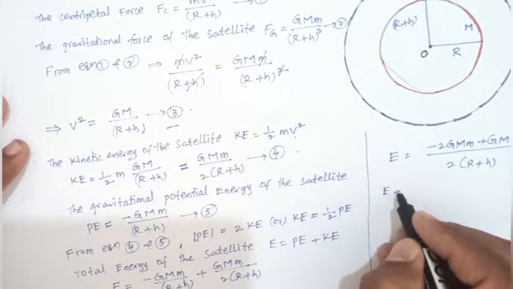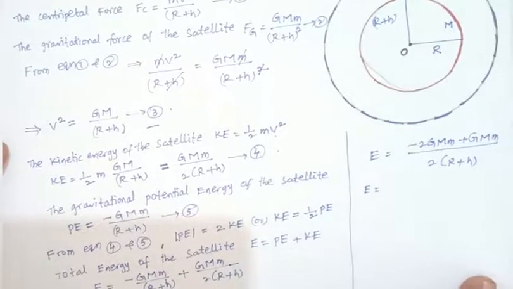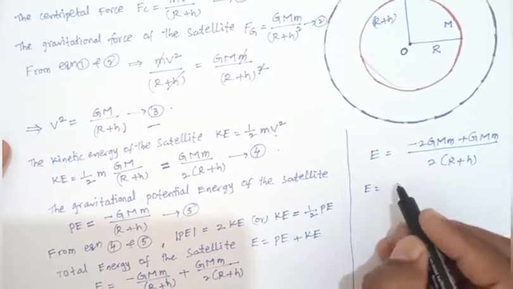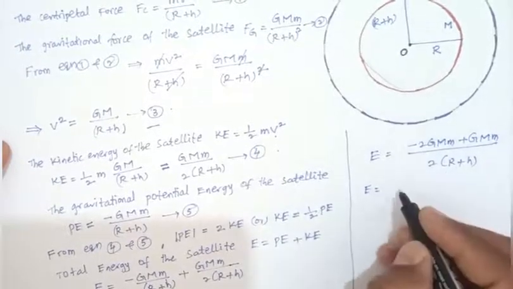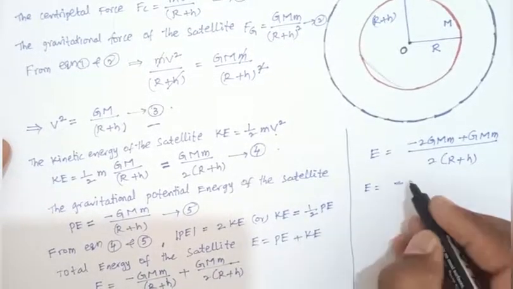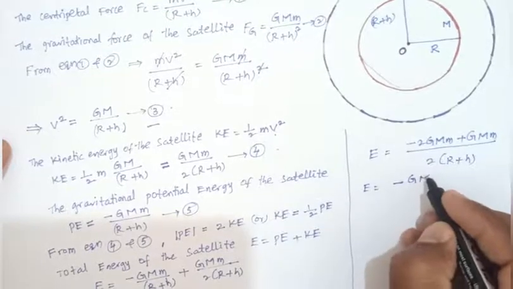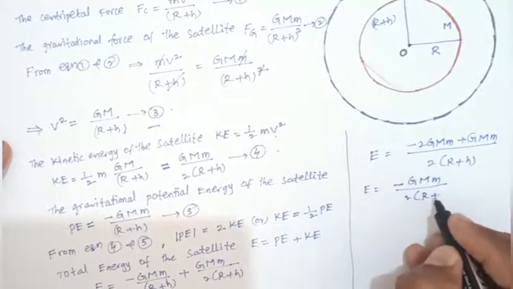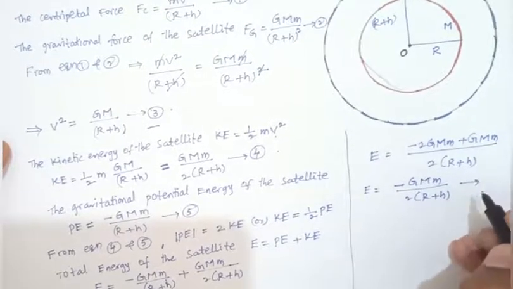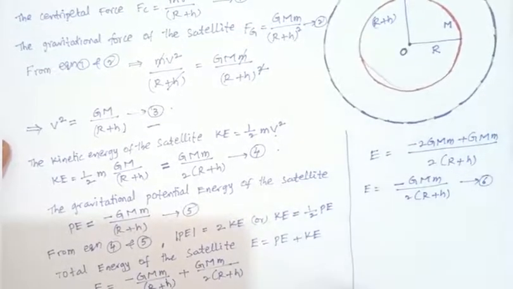So E equals minus 2GMm plus GMm, so negative G capital M small m by 2 into (R plus H). So this is equation number 6.